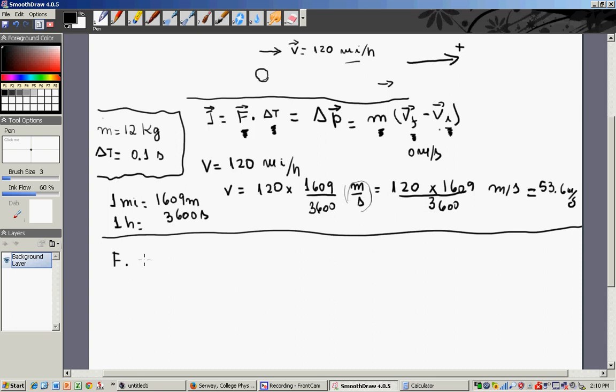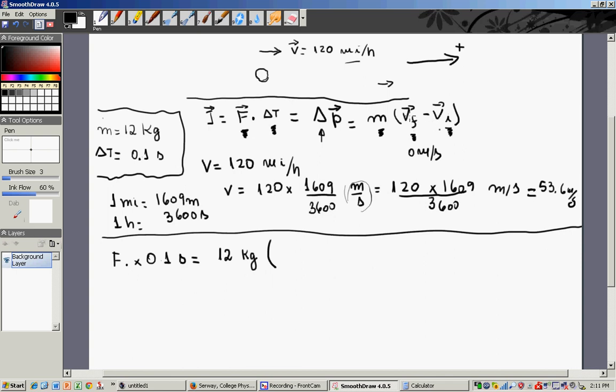Now I can go back to my basic equation. F delta t, with 0.1 seconds, is equal to the change in momentum, which is 12 kilograms multiplied by the change in velocity. Be careful here. When delta is used in a physics equation, it always means the final quantity minus the initial quantity, and you have to pay attention to that.